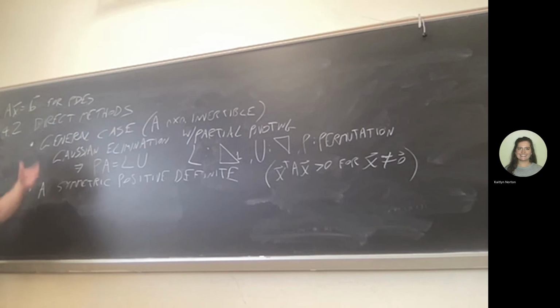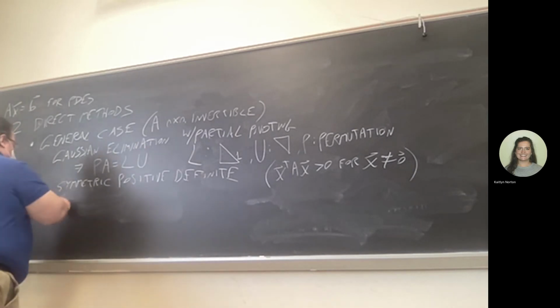Then you can use Gaussian elimination. It's proven that you don't need to pivot, but it's not the best way to go. What is the best way to go if we're talking about direct methods?